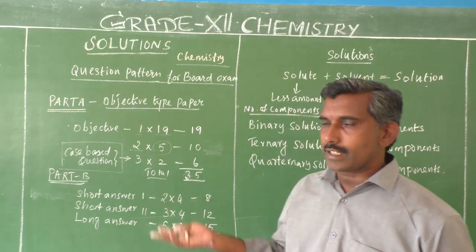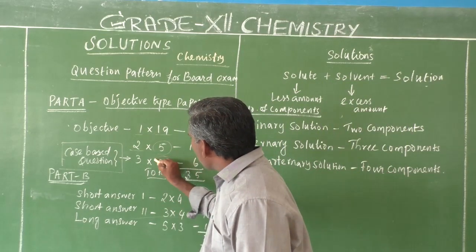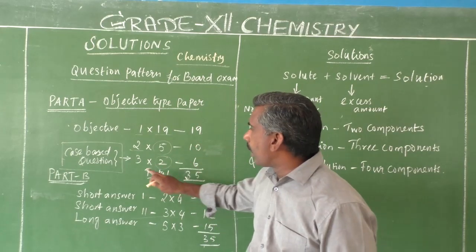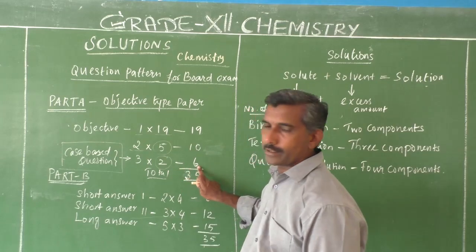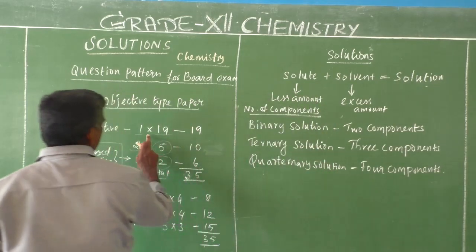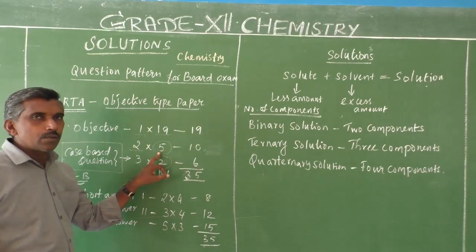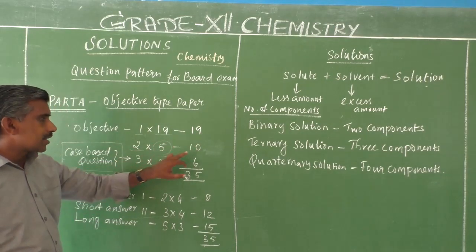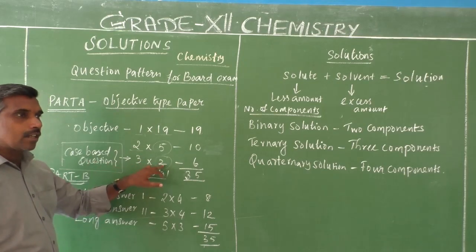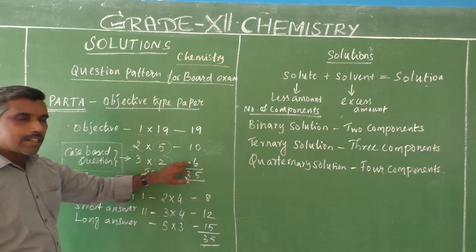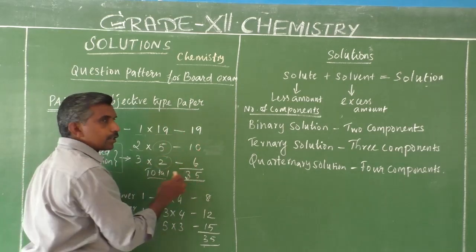We will discuss it later. There are 2 case based questions, each carrying 3 marks, so 6 marks. Total: 19 plus 10 plus 6, that is 35 marks.